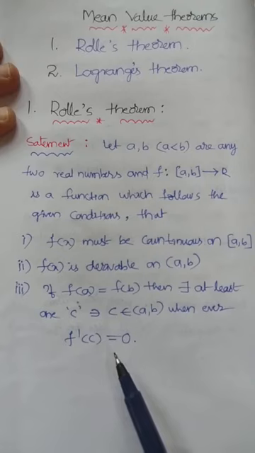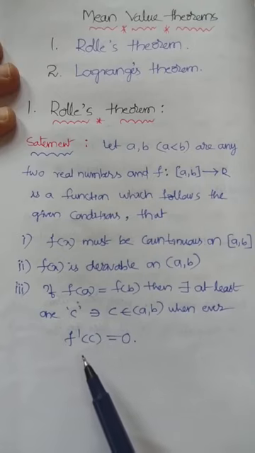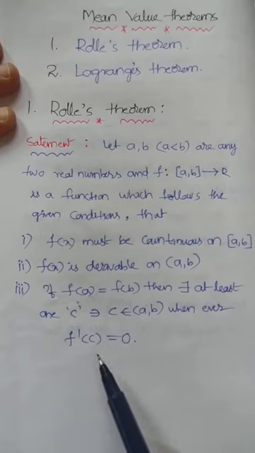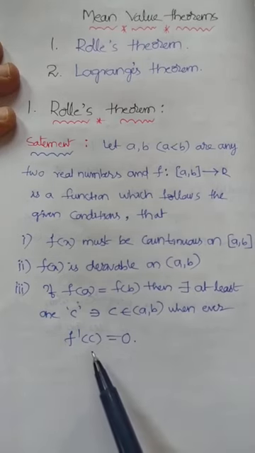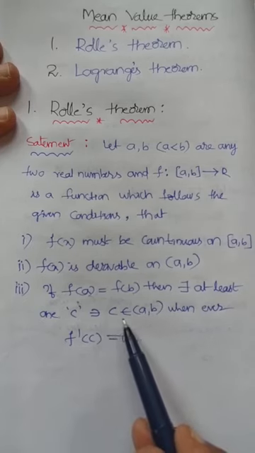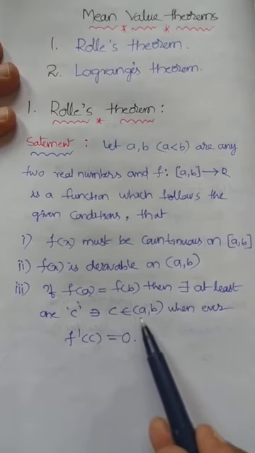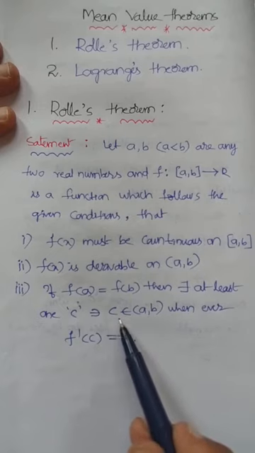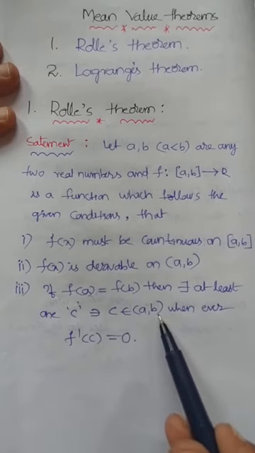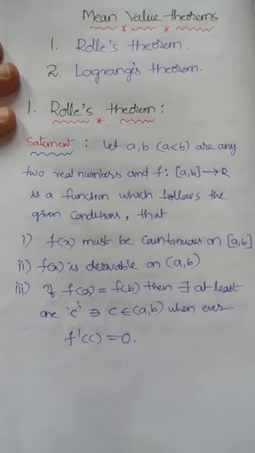Then the final conclusion: by solving this equation f dash of c equals 0, you get the c value, and you have to show that the c value must lie in between a and b, which means c belongs to the open interval (a, b). You have to show that to verify Rolle's theorem for the given function.